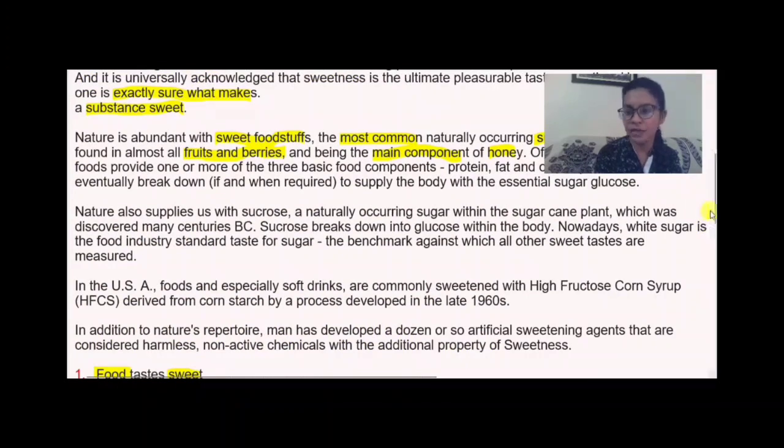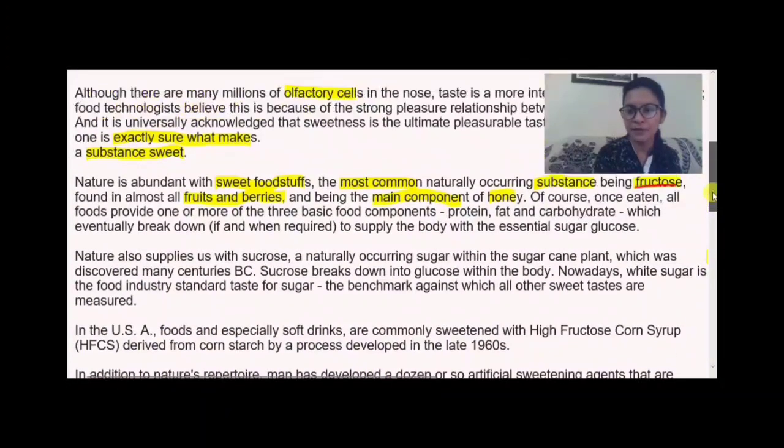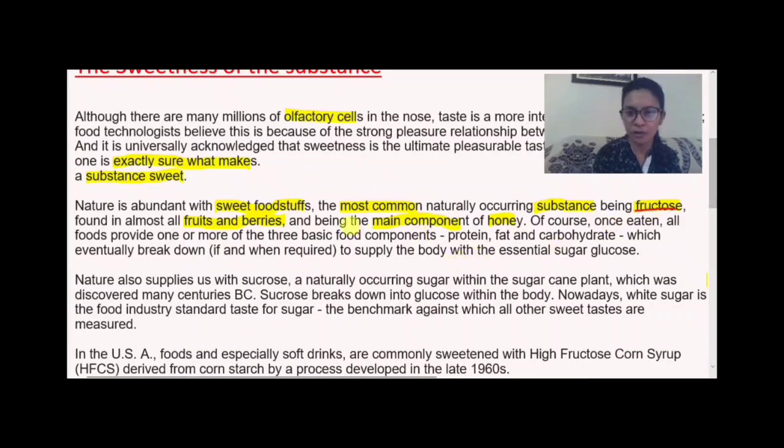This is our location. In this paragraph, they are previously talking about the basic food components which are breaking down into protein, fat, and carbohydrate. That is the answer. Okay, you can read again. Of course, once eaten, all foods.